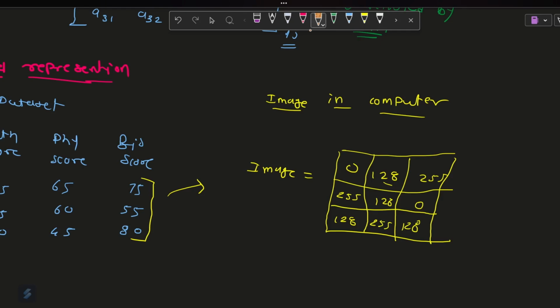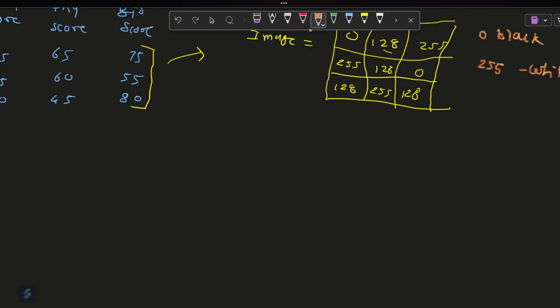But in that place, if the value is 0, it is total black. And when the value is 255, it means pure white. Similarly, an image in a computer is also in the format of a matrix.